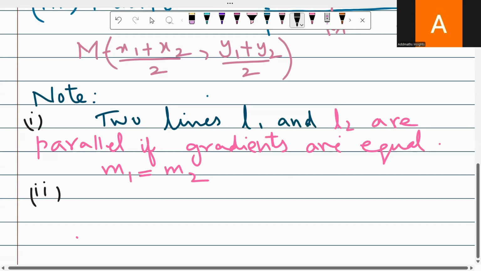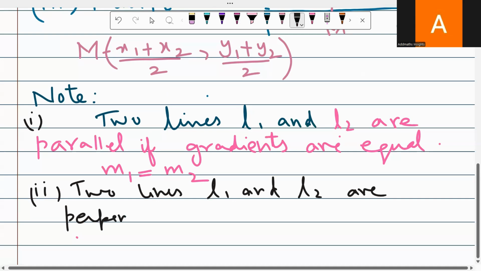And the second condition is for two lines to be perpendicular. Two lines L1 and L2 are perpendicular if the gradient of one of the lines is the negative reciprocal of the other.